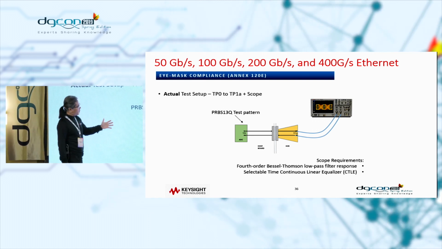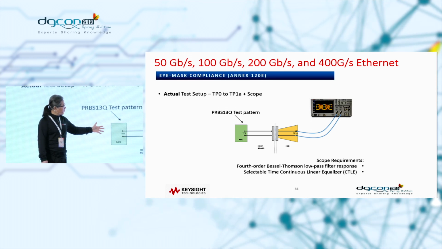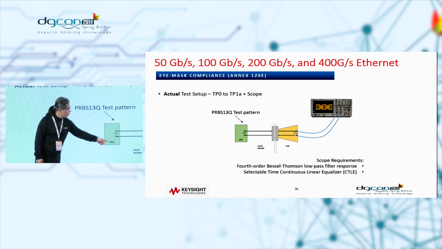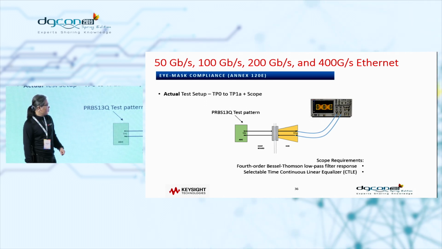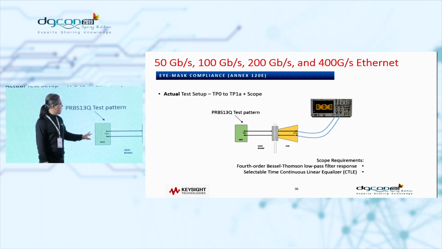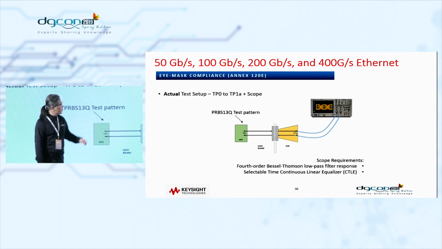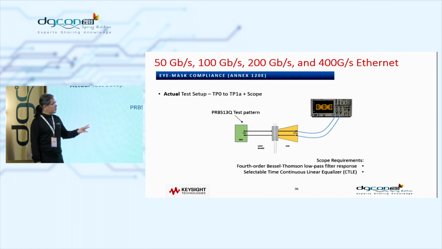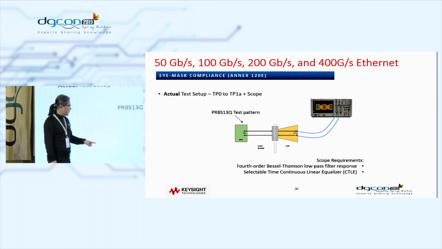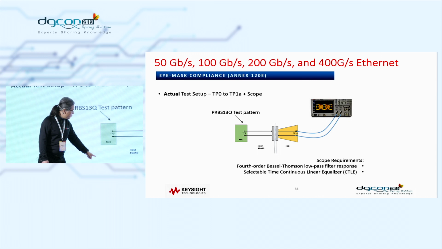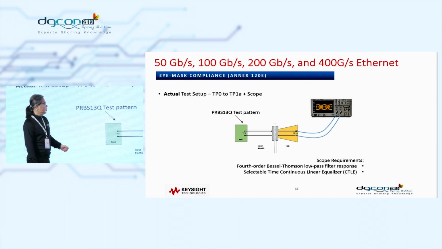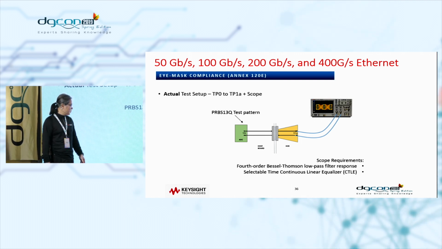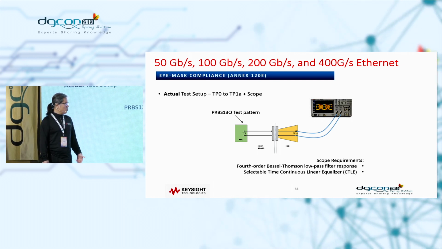So using the PRBS13Q as the test pattern input, and here is the host board, and there is a host compliance board, and basically you need to measure it with a scope at TP1A. But the specification really says when you do that, you really need to put the fourth order Bessel-Thomson low-pass filter along with the CTLE, which is continuous time linear equalization.